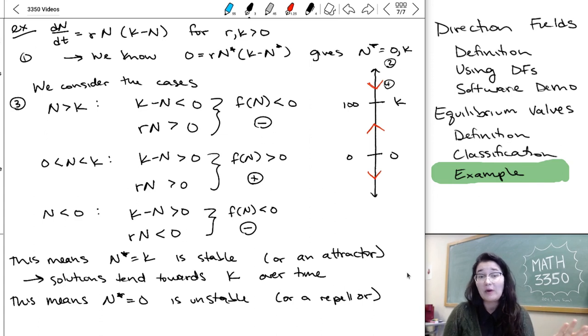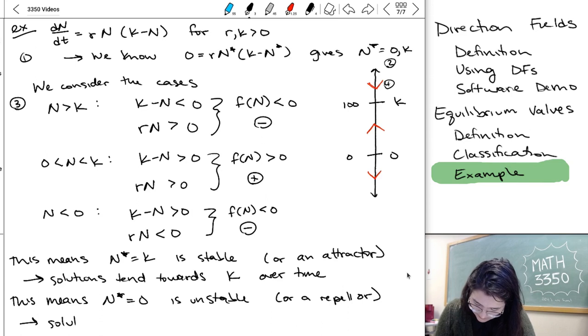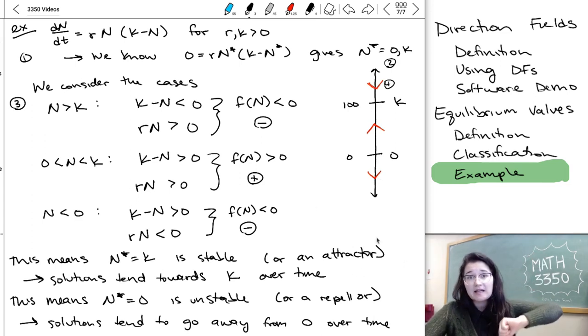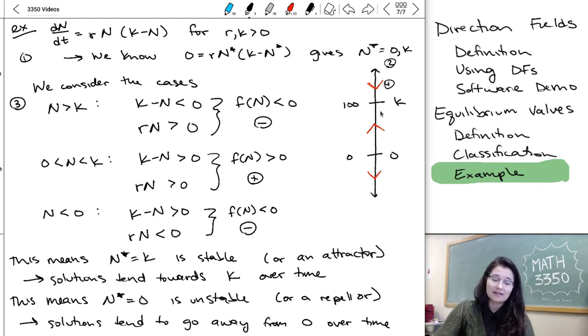Solutions are pushed away from that value. So if you start down here, you're going to go towards negative infinity instead of moving towards 0. And we saw before, if you start in the middle here, you tend towards K, not 0.